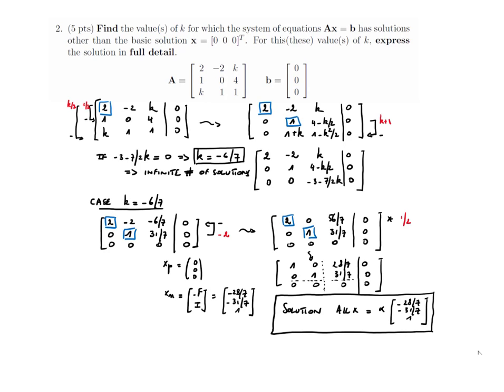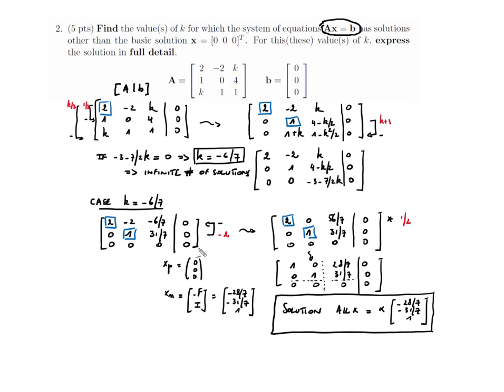So when you have a problem of the type Ax is equal to b that depends on a parameter and that you need to discuss based on the values of this parameter, you have to put this system Ax is equal to b in its augmented form, A b, and then what you do is Gauss elimination to bring the augmented system in echelon form, not row reduced echelon form, but just echelon form.